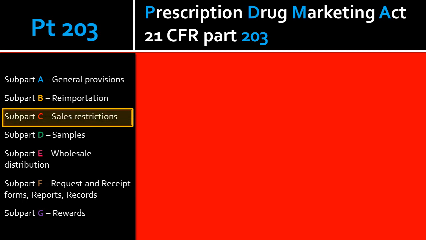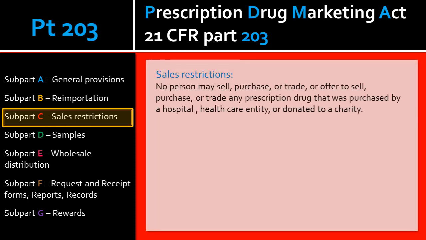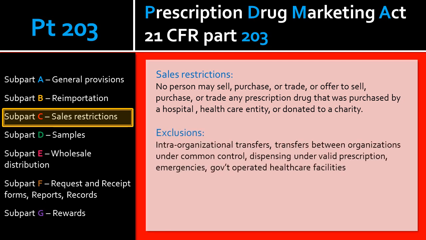Sales restrictions are discussed in Subpart C. According to this provision, no person may sell, purchase, or trade, or offer to sell, purchase, or trade any prescription drug that was purchased by a public or private hospital or other healthcare entity, or donated or supplied at a reduced price to a charitable organization.